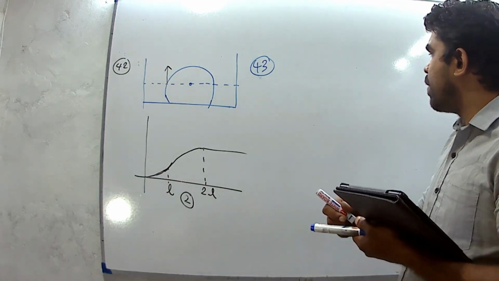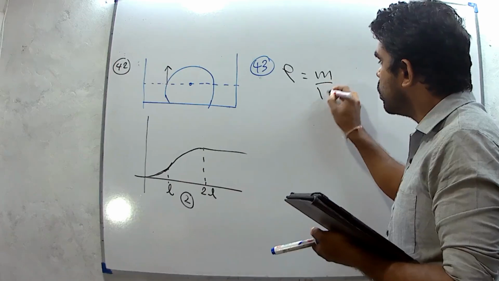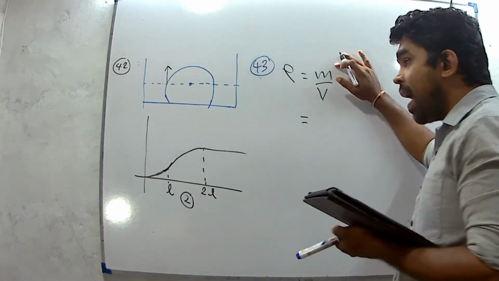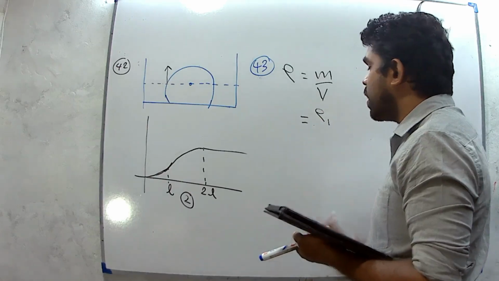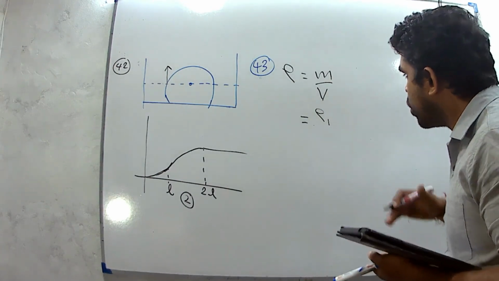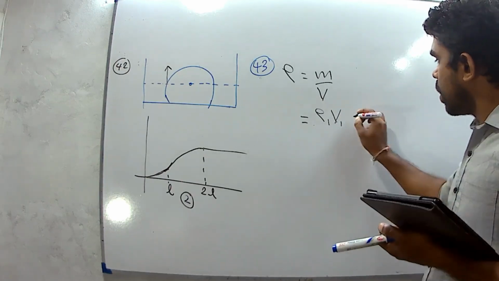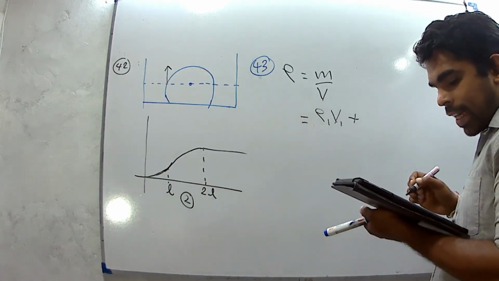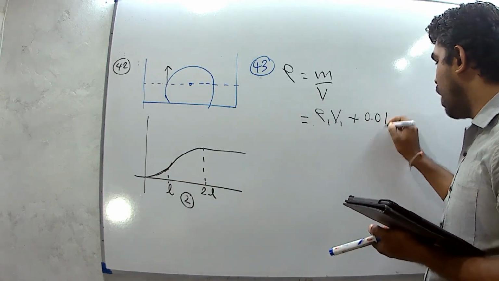When finding the final density, we know that density equals mass divided by volume. When considering mass, the initial mass is the initial density of water, rho 1, into the initial volume, since mass equals rho times V. Plus, now we have added 10 grams of sugar. 10 grams means 0.01 kilogram.